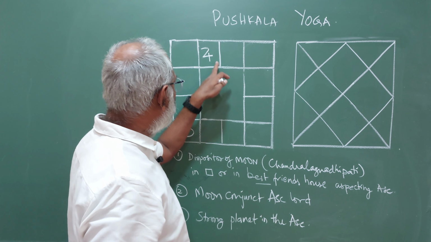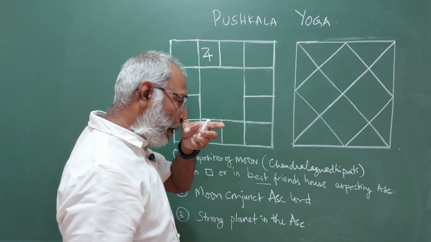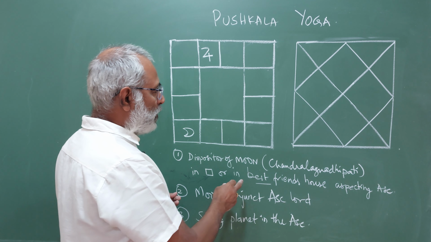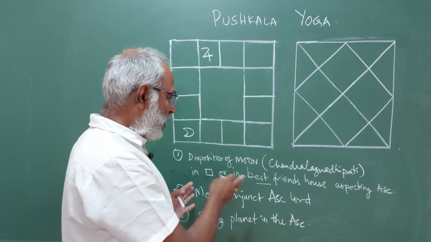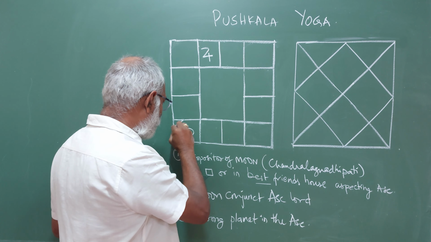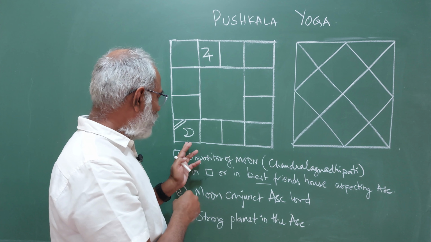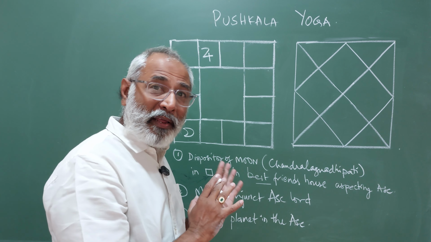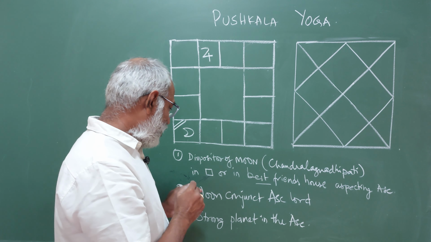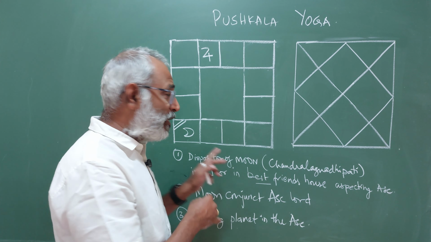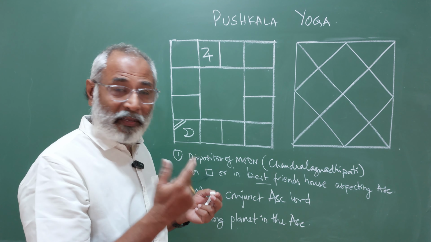I have put Jupiter in the best friend's house, also aspecting the ascendant. But the problem here is that the second condition, the moon conjunct the ascendant lord, cannot happen this way.